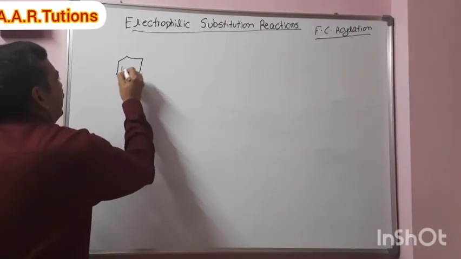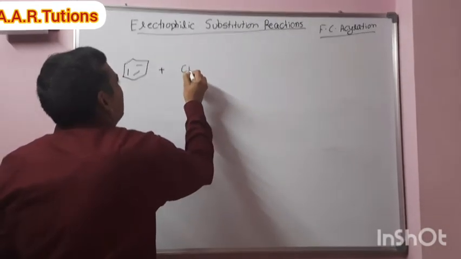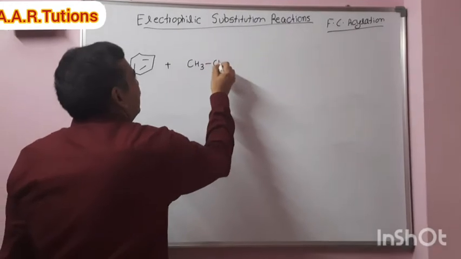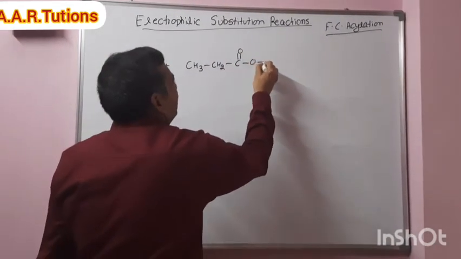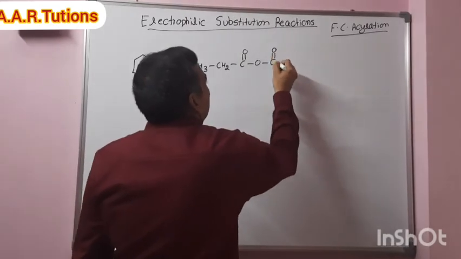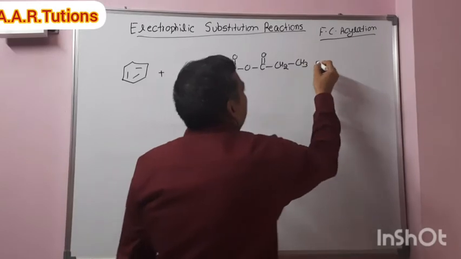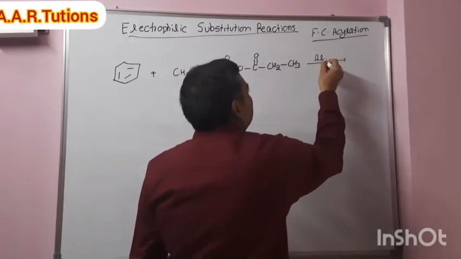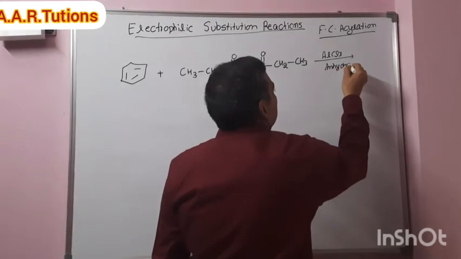Write the product formed when benzene reacts with propanoic anhydride. So no need to write the mechanism every time. In presence of Lewis acid, AlCl3 anhydrous, what is happening?